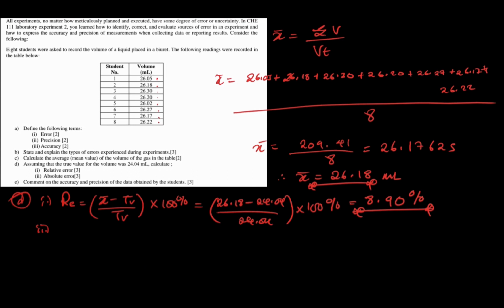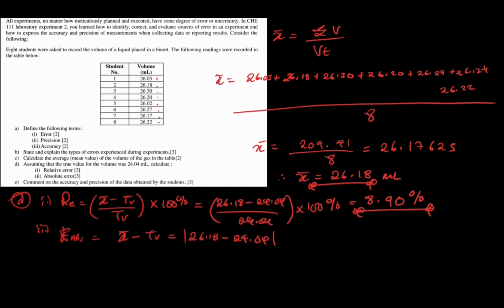Then they're saying calculate the absolute error. The absolute error is just equivalent to the mean minus the true value. So the mean is 26.18 minus the true value, 24.04.